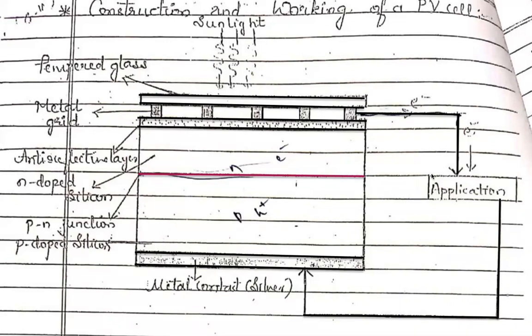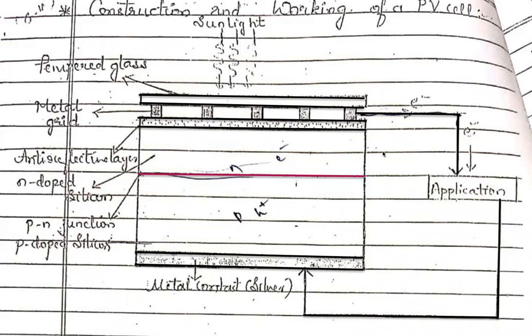As long as light is shining on the solar cell, the PV cell will generate electrical energy or electrical power. And when light stops, electricity stops. As long as it is a cloud free environment, we can generate electric power, whereas when it is cloudy or when the light stops falling on it, electricity stops.